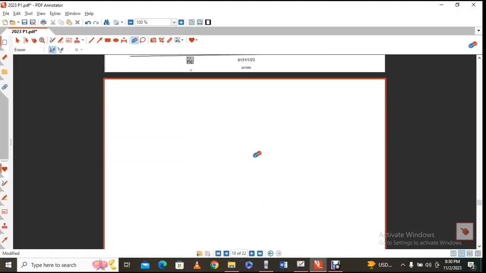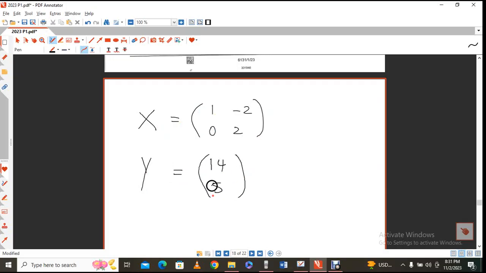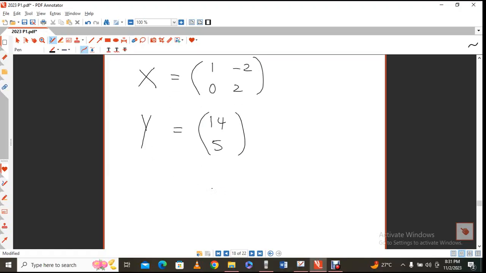Okay, so what we are supposed to calculate: we have matrix X, which is 1, negative 2, 0, 2. We have matrix Y, which is 14, 5, and we are supposed to calculate XY.